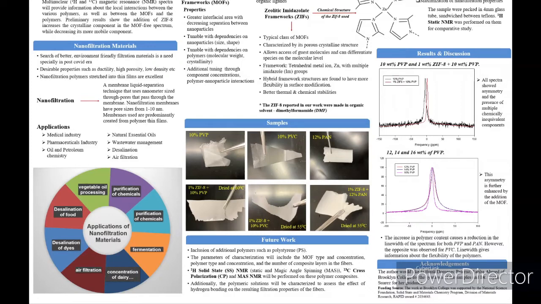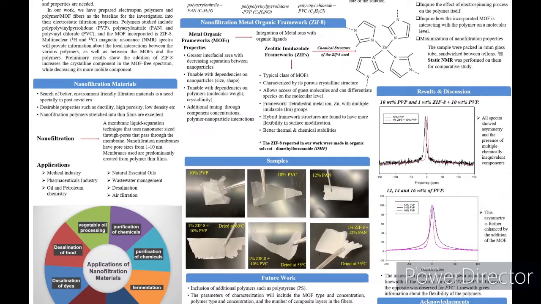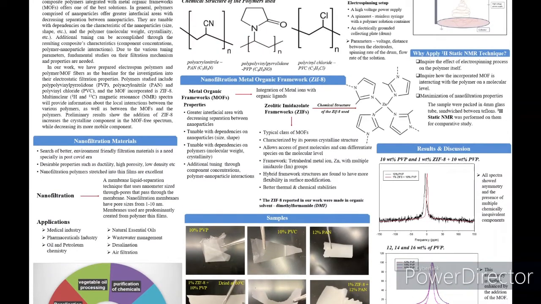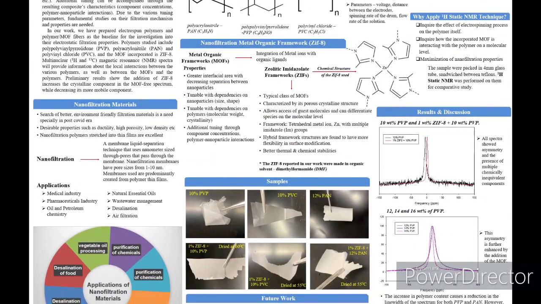This one has a very plastic type of texture, and here you have a paper type of texture. Both are made of the same polymers, but the texture is quite different. After we perform the proton static NMR technique, some of the details of the NMR technique will be talked about when someone asks me questions here.